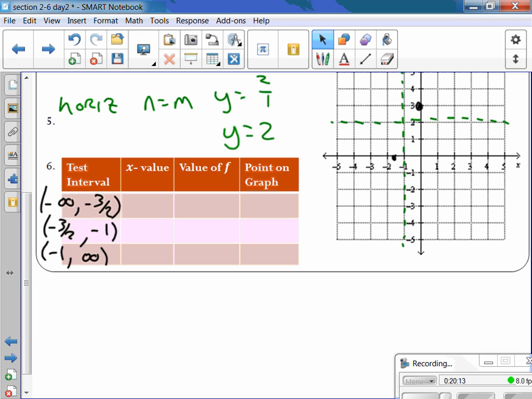So again, choosing some test points. -5/4 would work. And then 1, reevaluate. And we did wind up with 3 extra points now.